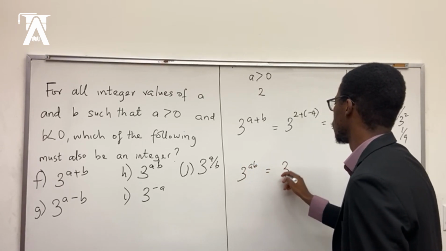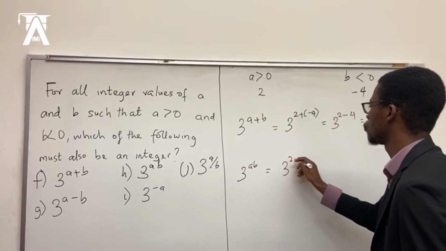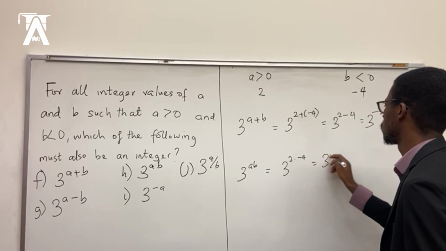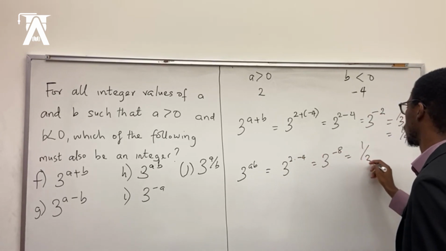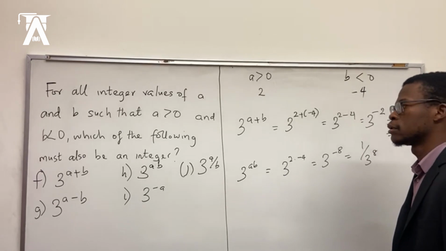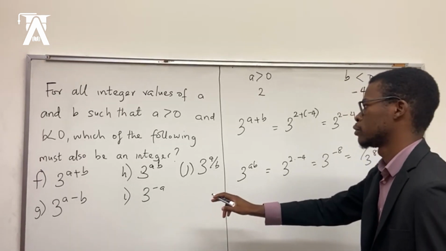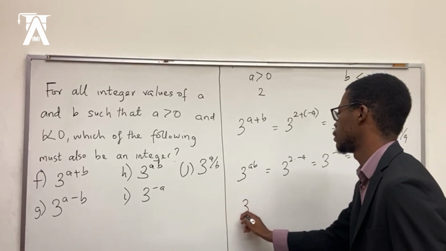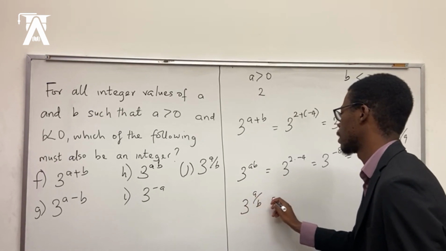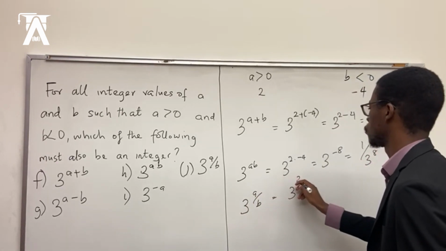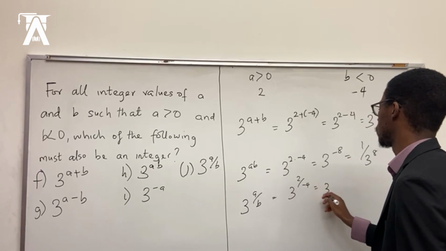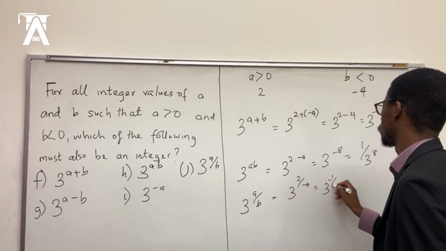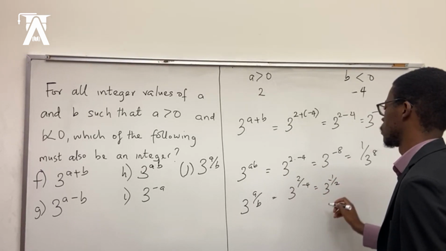This is 3, a is 2, 2 times negative 4, which is 3 to the negative 8, 1 over 3 to the power 8. Then 3 to the a over b, that's 3 to the 2 divided by negative 4, this is 3 to the negative 1 over 2.